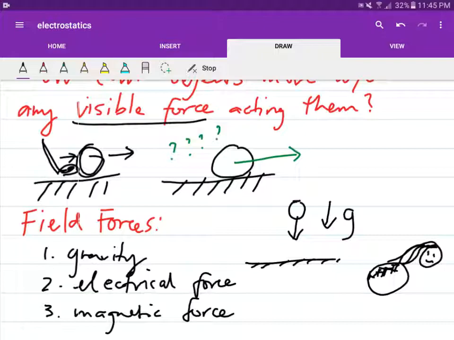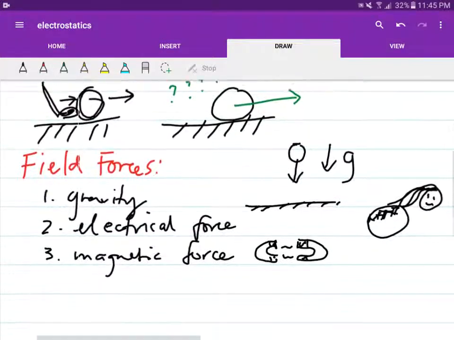So there's no visible force, but you know that there is an action happening. For magnetic force, you know this very well. You cannot actually see the force that is acting on, say, attracting or repelling magnets.